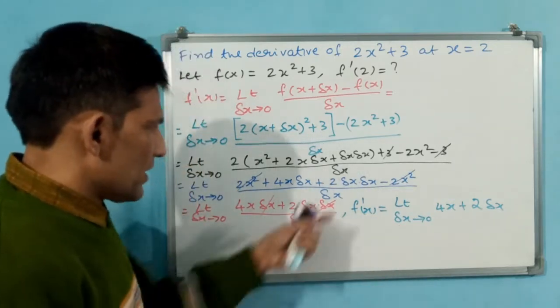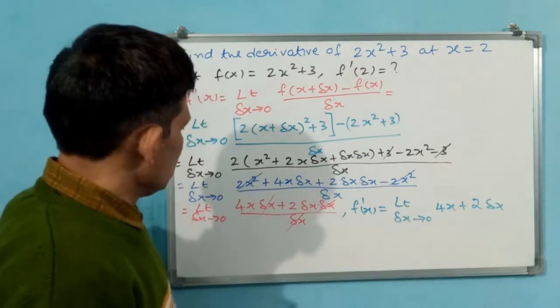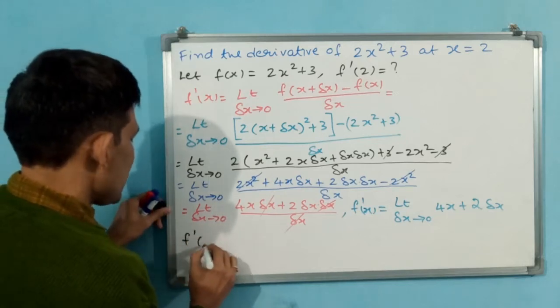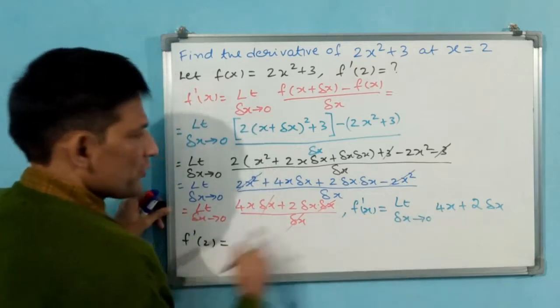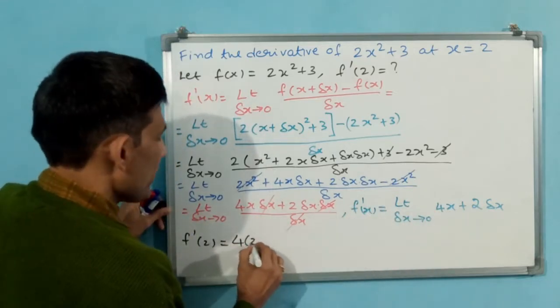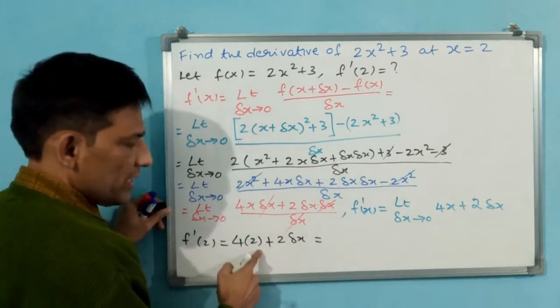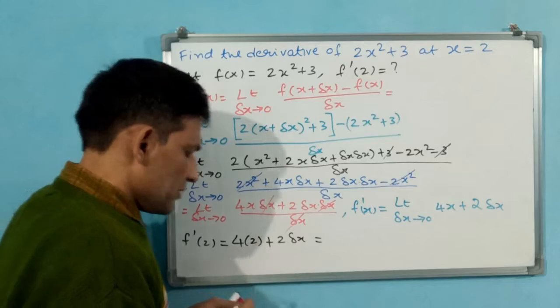Now f dash x is equal to this one, means f dash 2 is what? I am writing, you see. f dash 2 is equal to, wherever x is there I am going to keep 2: 4 into 2 plus 2 delta x. Is it okay? Now limit will not be there. Oh yes, limit also will be there, I forgot.